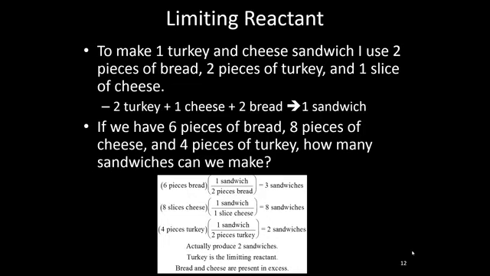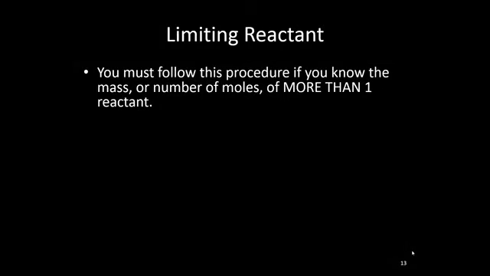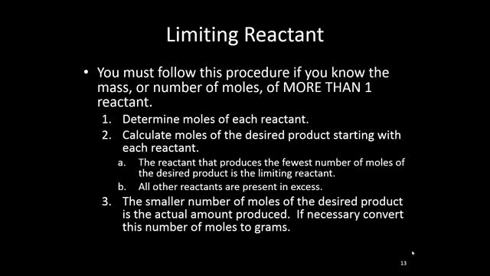Let's look at a similar example through a chemistry lens. Before we do that, however, it is important that we understand when we are facing a limiting reactant problem and must go through these steps, and when we aren't.